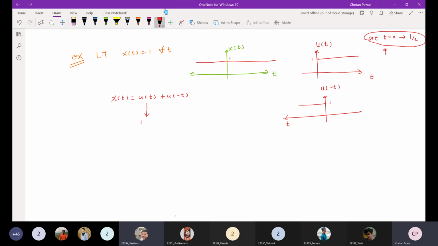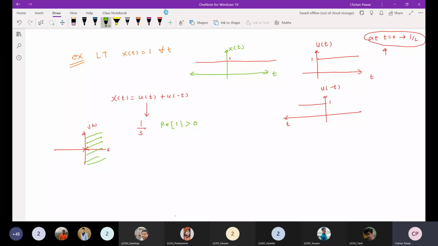1 by s. And what will be the region of convergence here? If you draw the S plane and mention the pole is present at 0, what will be the region of convergence? So right side: the real part of s should be greater than 0.